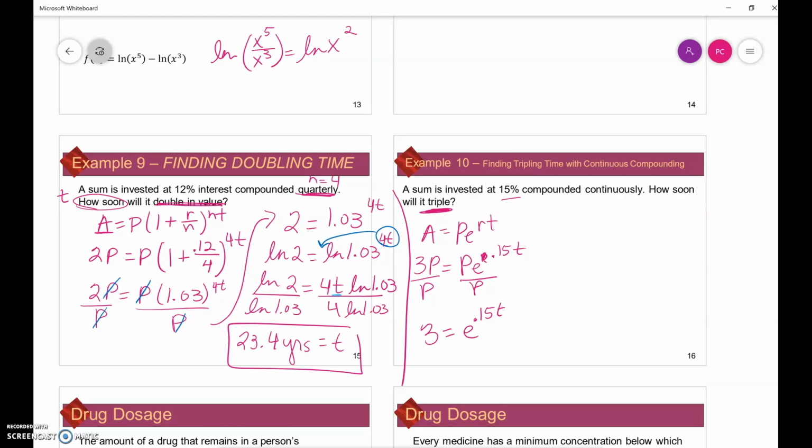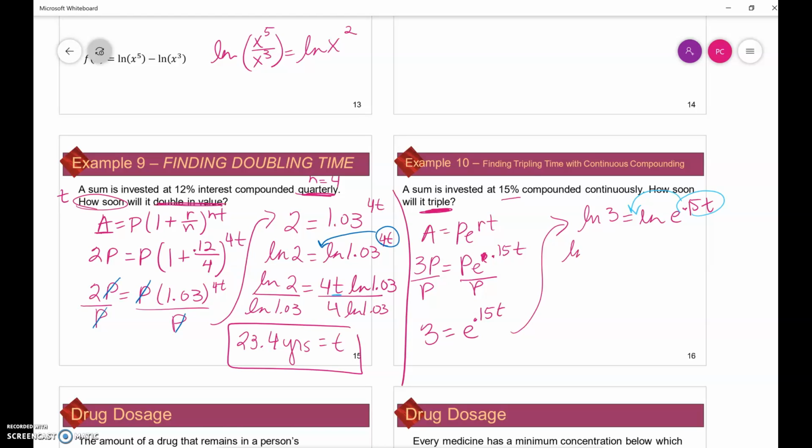So we're going to take the ln of both sides again. So I'd have ln of 3 equals ln of e to the 0.15t. And we're going to use that power rule again that pulls the exponent out front.